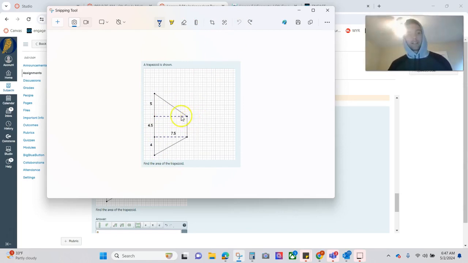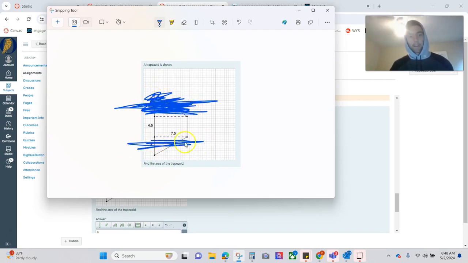Let's start by finding the area of this rectangle piece in the middle. To help my brain out, I'm going to scribble out all the pieces of this trapezoid that I'm not working on in the current moment. There.